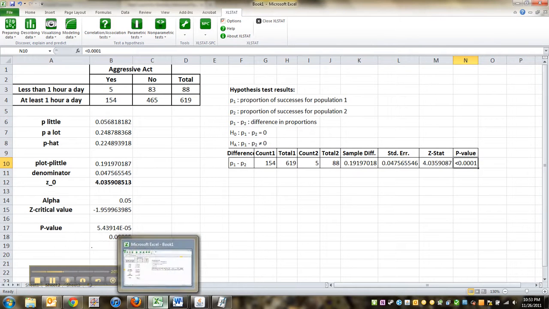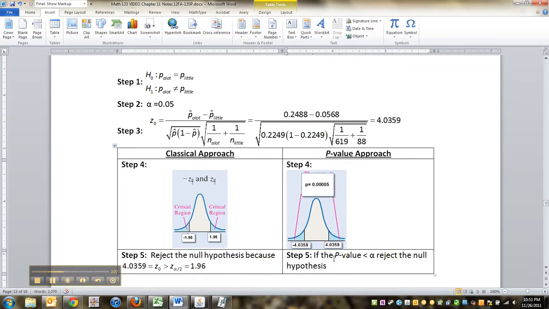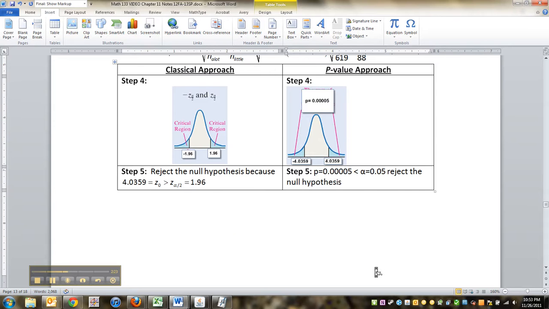So let me go back to my spreadsheet. Now, my p-value is really small. So p was 0.00005, which is less than alpha. Alpha was only 0.05, so we reject the null hypothesis. Okay?